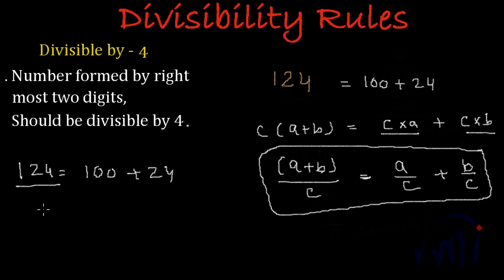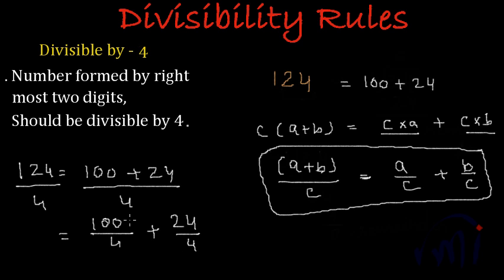And if we divide this 124 by 4, that will be equal to the whole divided by 4, or as we have discussed, this can also be written as 100 divided by 4 plus 24 divided by 4, right? And 100 is divisible by 4, 25 times.